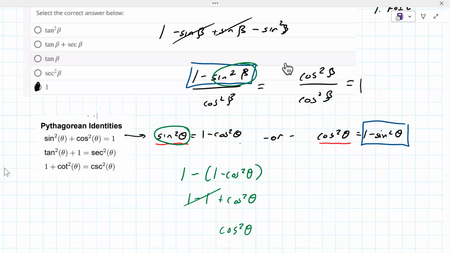Sorry, I'm just copying it down the way that you have it so that it makes sense in my head. Yep. Good. Which turns into 1 minus cosine squared theta.